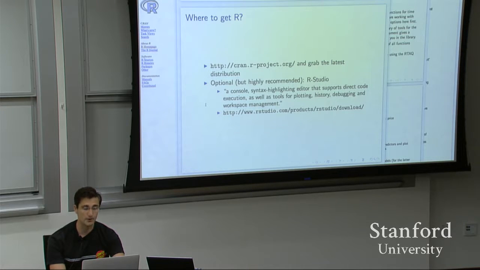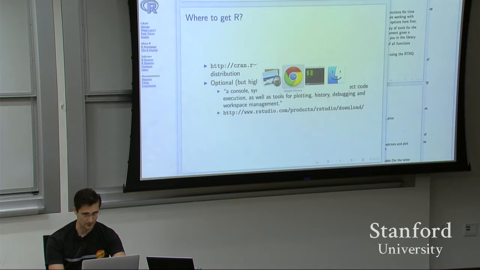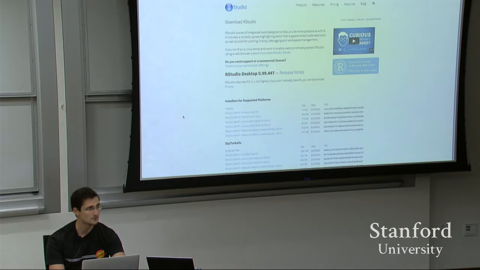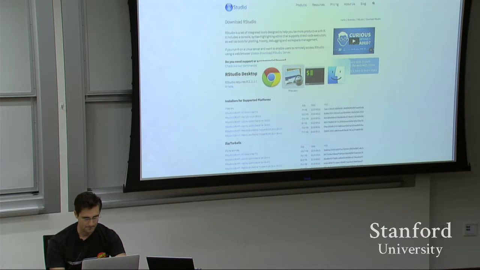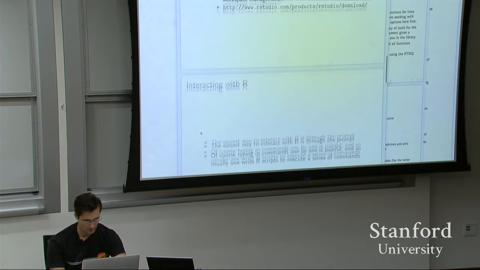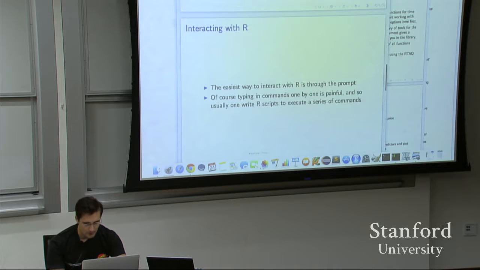RStudio is a wrapper, an editor that sits on top of R. And it is here at this site. All of the slides and the material will be posted on coursework, so you can go and take a look at it. And so let's see what RStudio looks like.